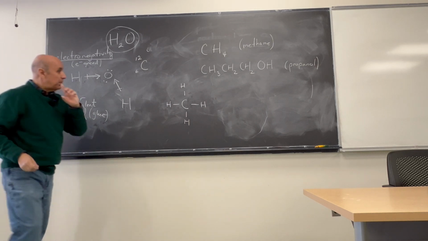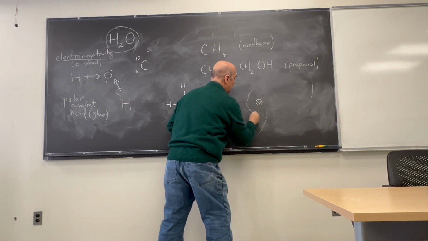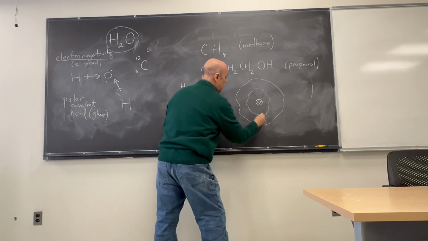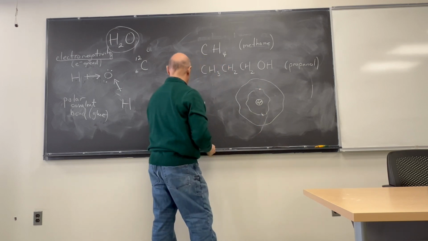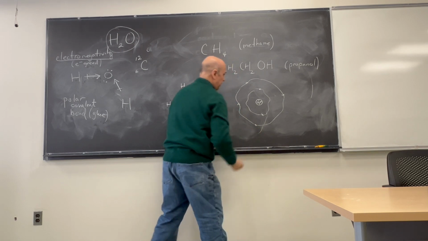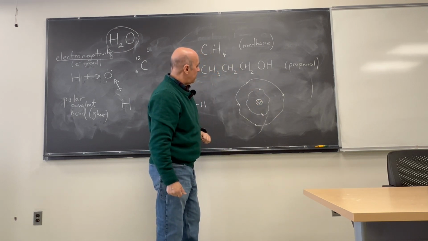What is going to be important is, if I draw carbon here, here is the center with the 6 protons, and then I have my first cloud, I have my second area of electrons. In the first there's 2. Well, there's 4 left, so there's 1, 2, 3, 4. 4 electrons plus 2 is the 6 electrons that carbon has.